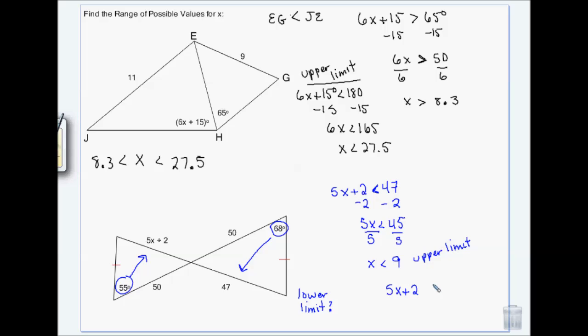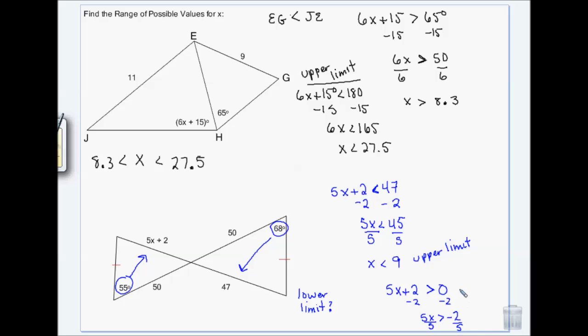We can't have a side be less than 0 or even 0, right? It's got to have some length, and length is always positive. So 5x plus 2 has to be greater than 0.